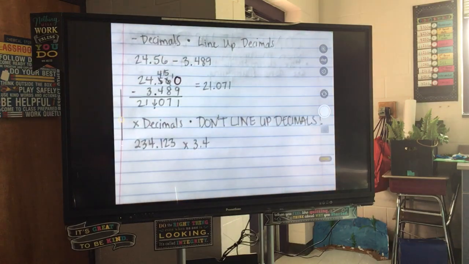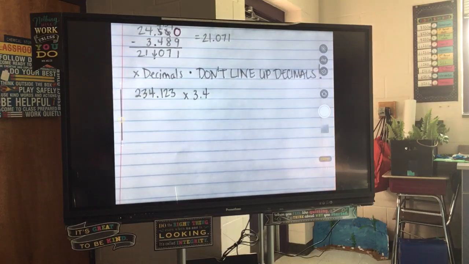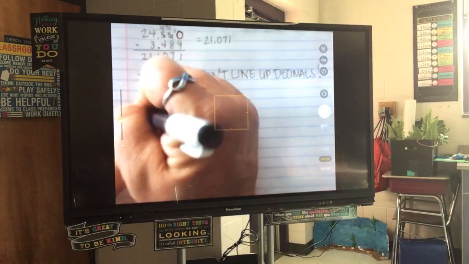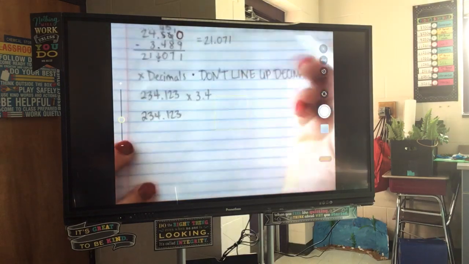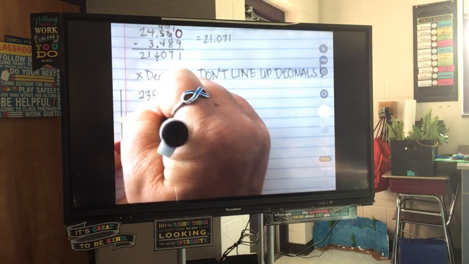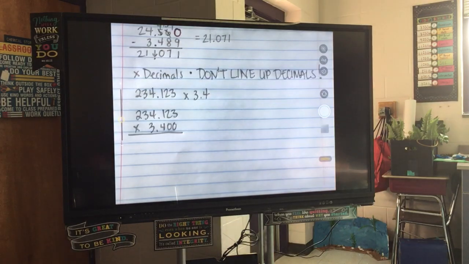Okay, so 243 and 123 thousandths times 3 and 4 tenths. How do I rewrite this? How do I rewrite this? I'm going to go ahead because I think I know. I don't believe y'all.